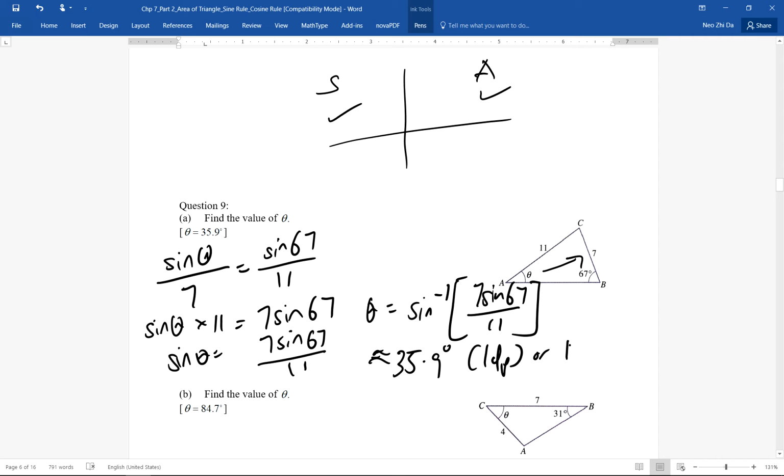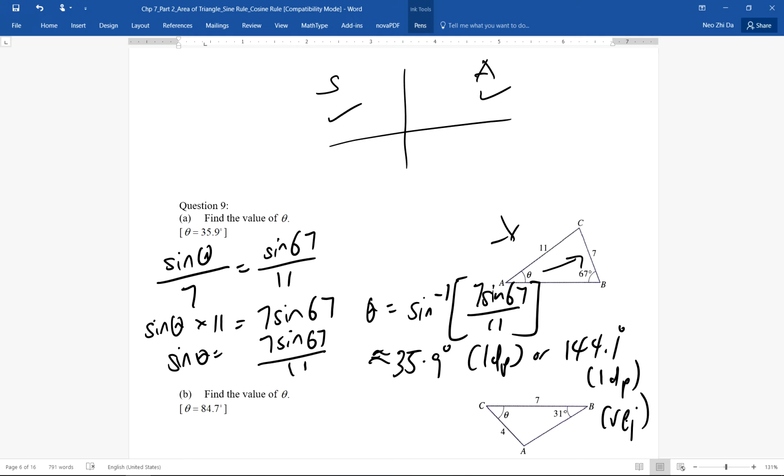It will be 144.1 degrees, 1 dp. Okay, now this angle, looking at this question, do you think it should be an acute angle or obtuse angle? Obviously, it is so small, it has to be an acute angle. So we will reject this obtuse angle. Okay, you have to look at the question, the size of the angle, to decide.